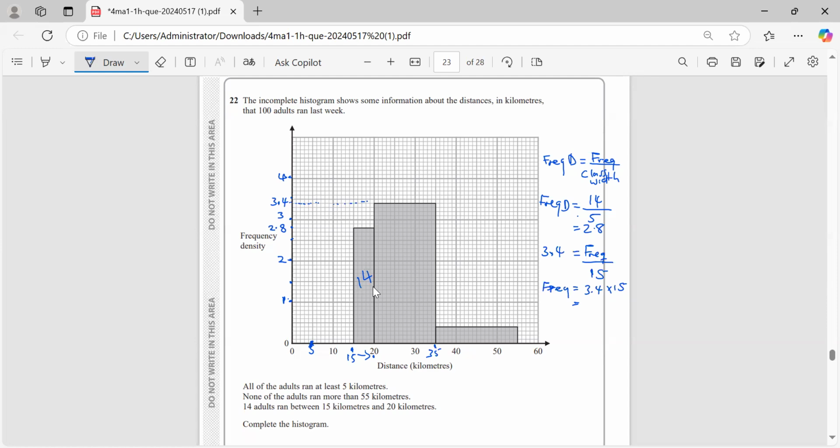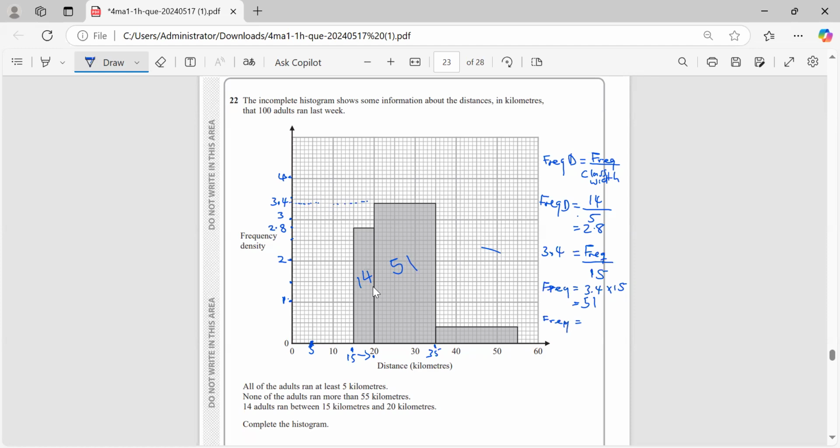It's 51. So we're going to get 51 here, so this frequency is 51. And then we look at this other class over here from 35 to 55. The class width is 20, right? So we do the same thing here to find the frequency.